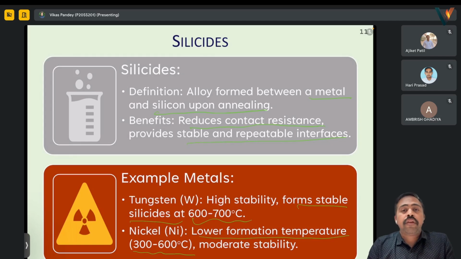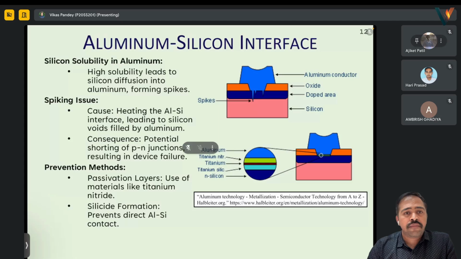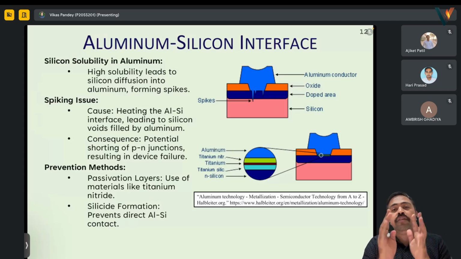Now, one of the common metals used in microfabrication is aluminum. Okay. So what happens in case of the aluminum silicon interface?